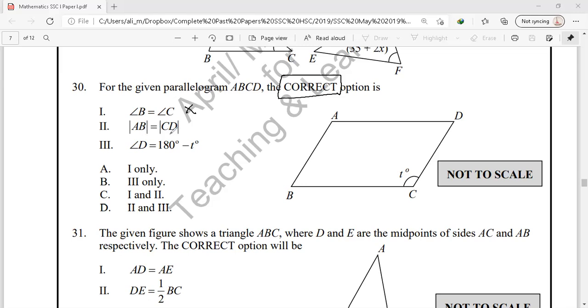Similarly, side AB is equal to CD. AB and CD are the parallel sides of a parallelogram. This condition is true.